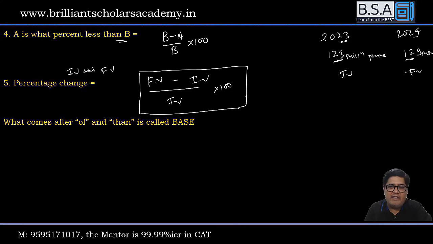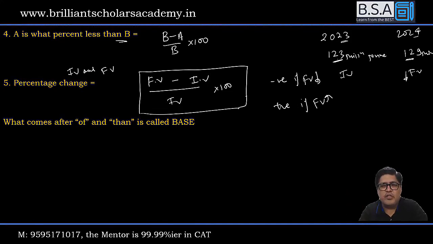Percentage change is negative if final value is lower, percentage change is positive if final value is larger. Common sense. Next year, if the production increases, the change is positive. Next year, if the production decreases, the change is negative.